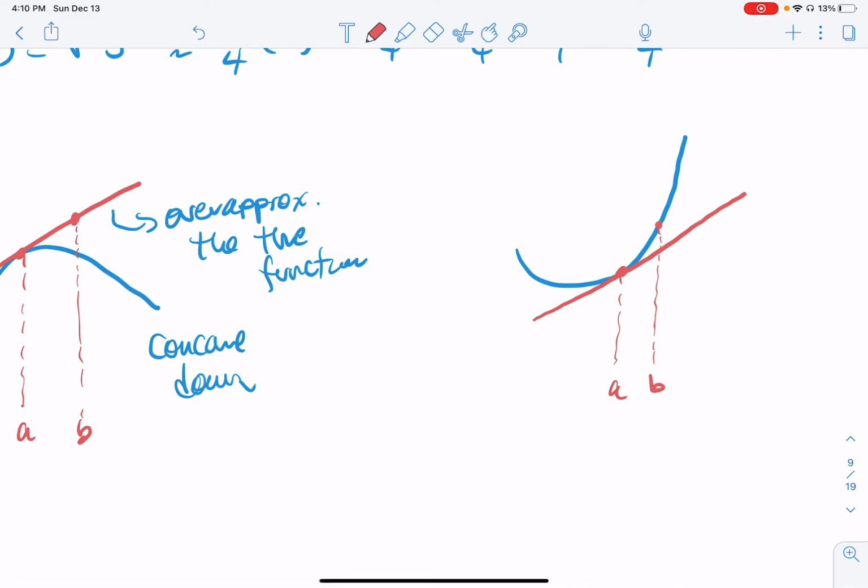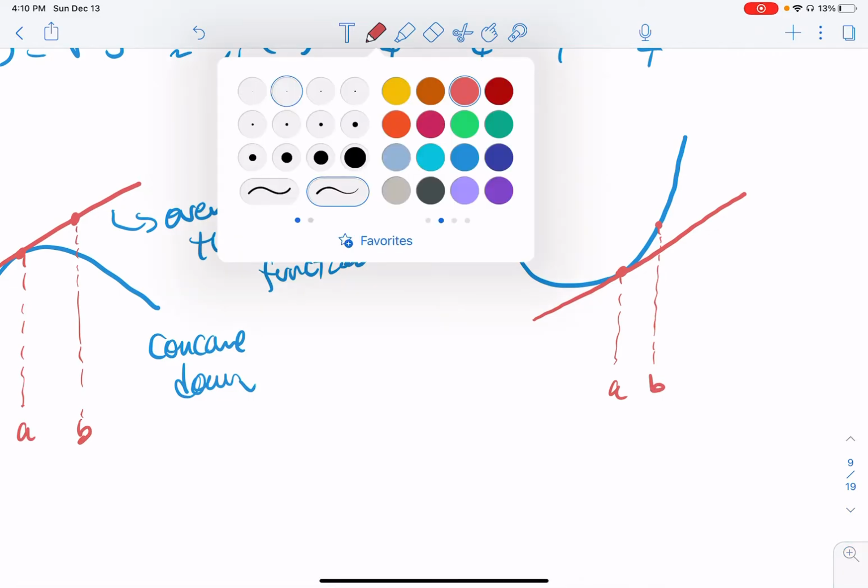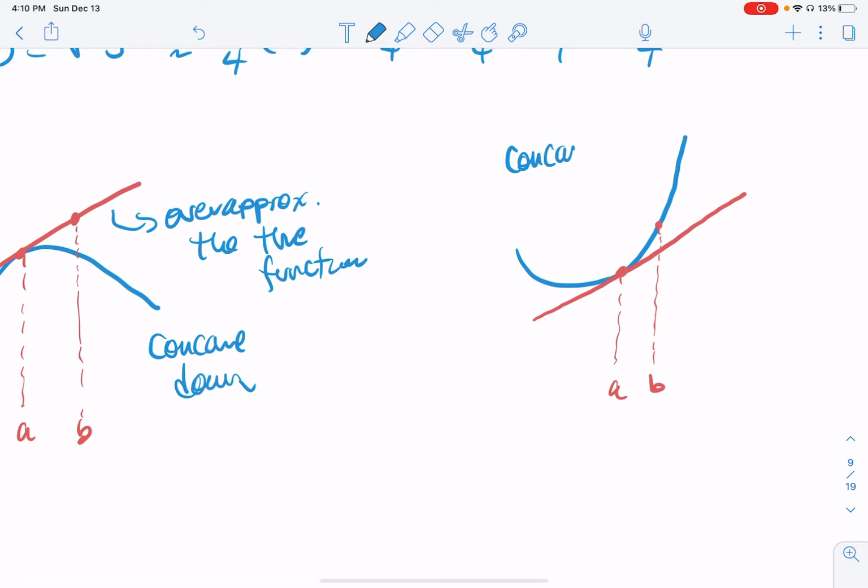And you can see that whenever this thing is concave up, the tangent line is down below, so this is going to under approximate the function.